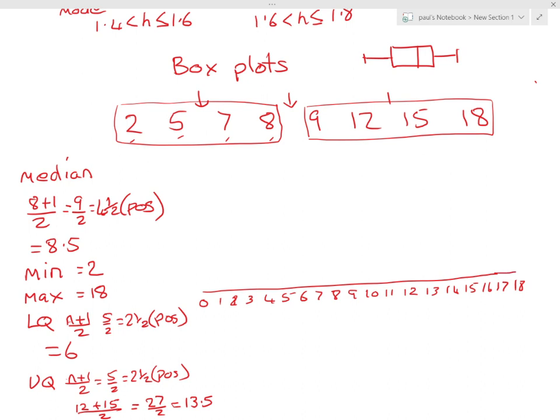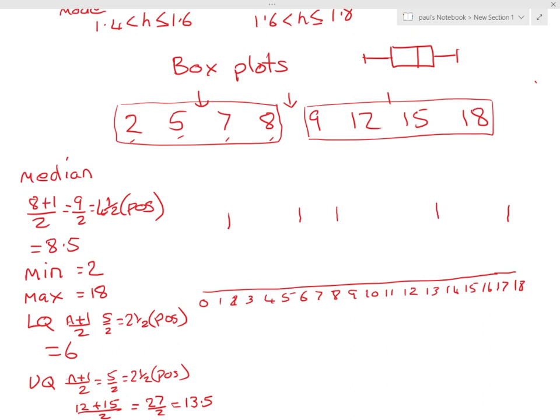Now, the maximum is 18, which is there. We've just put a little line there. The minimum is 2, which is there. The median, what's the median? 8.5. So that goes there. And the lower quartile is 6. And the upper quartile is 13.5, which is there.